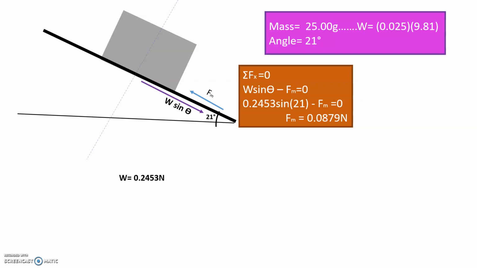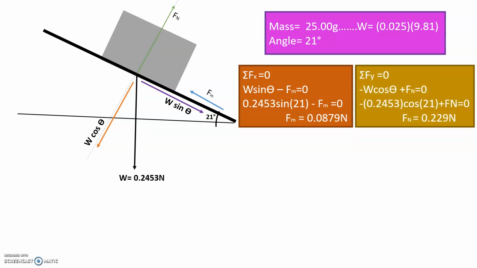And for the summation in the y direction, we have W cos theta from the W, and also the normal force. And we have Fm and Fn, the normal force, and so the static friction force.